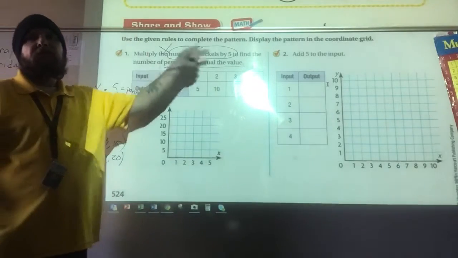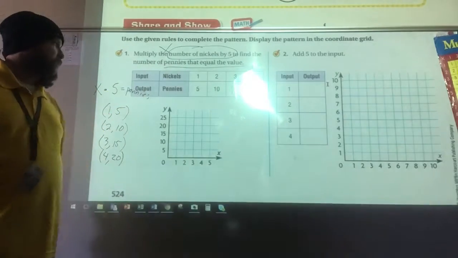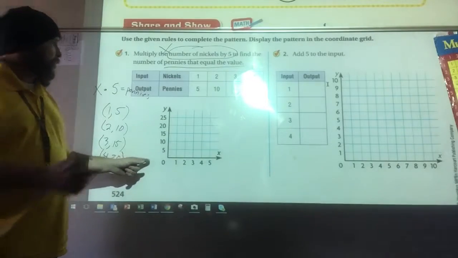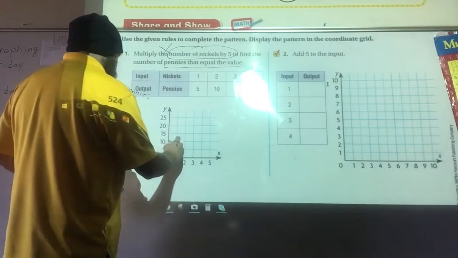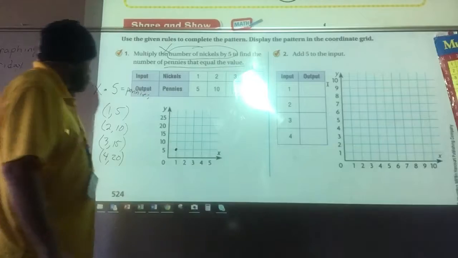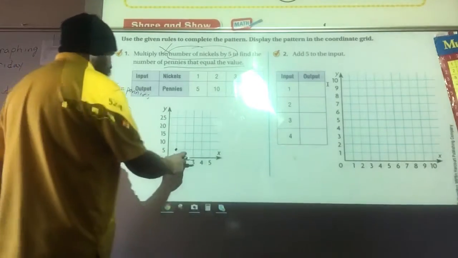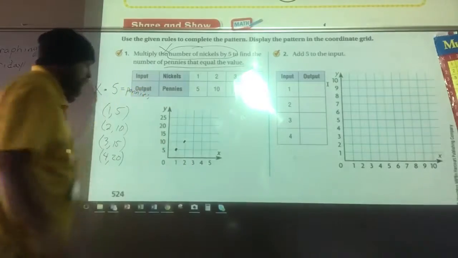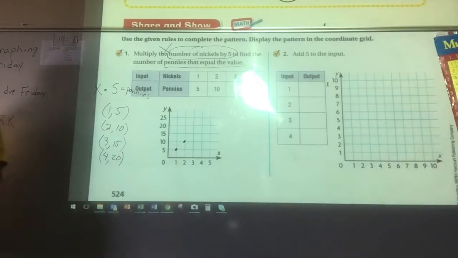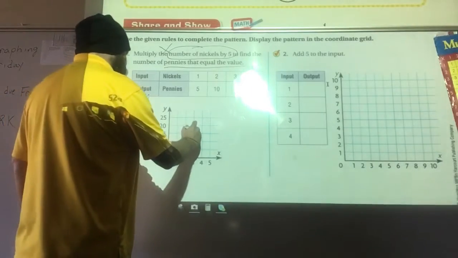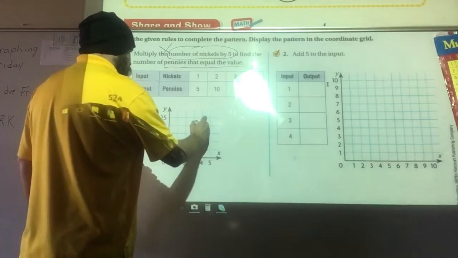It's awesome when you read directions. It tells you what to do. Okay, so we have 1, 5. We have 2, 10. We have 3, 15 and 4, 20.